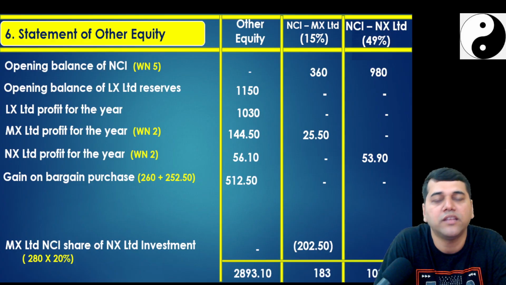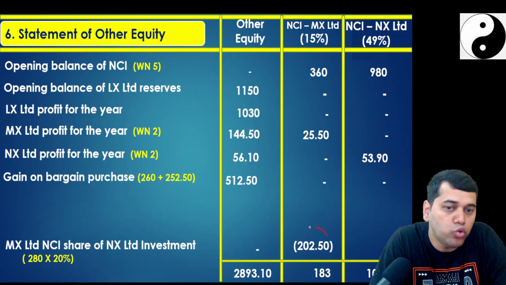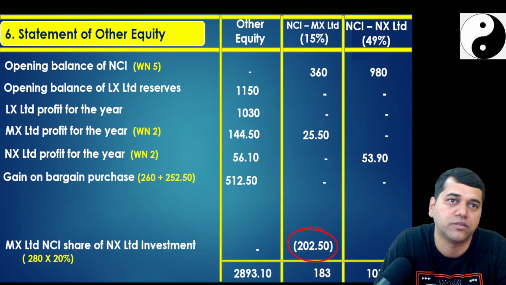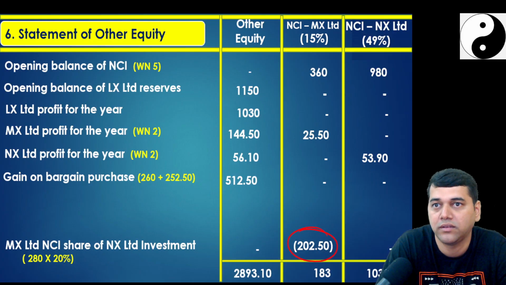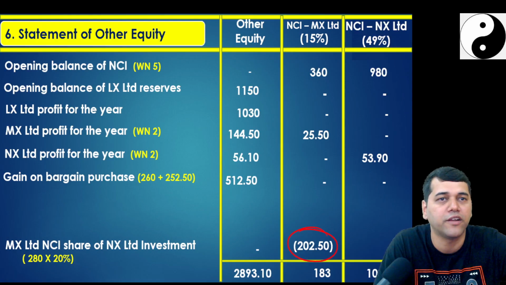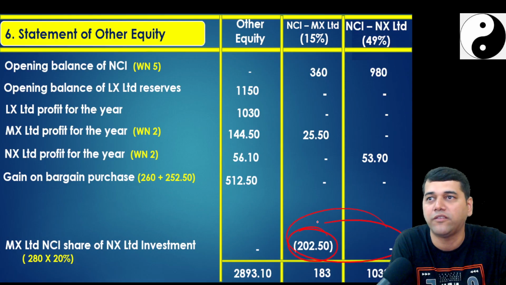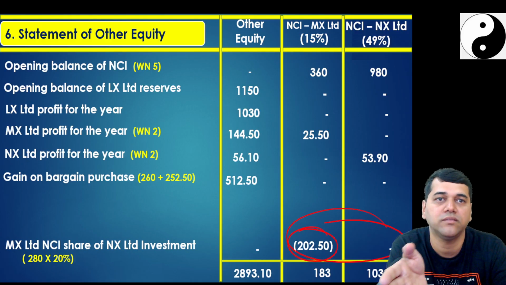So again there is no inventory elimination, but that 202.50 I have to reduce because this is what I reduced from the investments. And that too from the NCI of this MX. It doesn't matter even though you would have deducted somewhere else, because you see one final figure there. I told you this is our internal working. Any mistakes here?